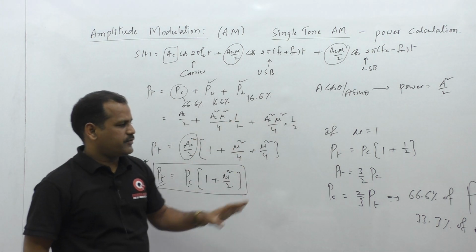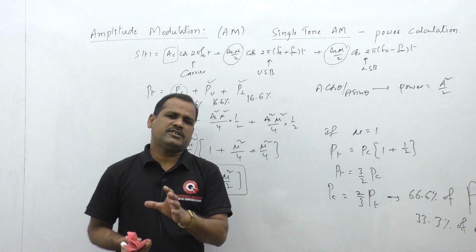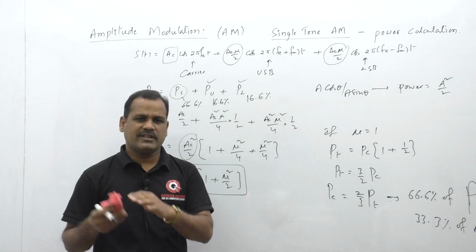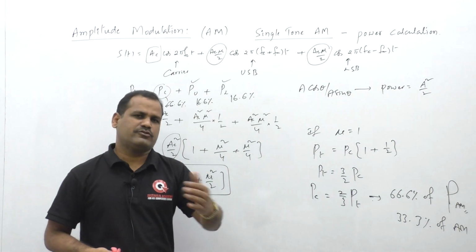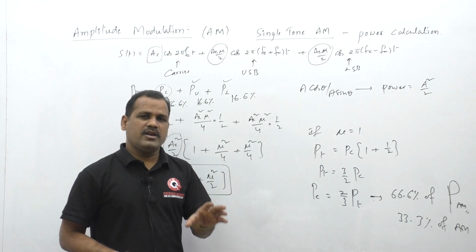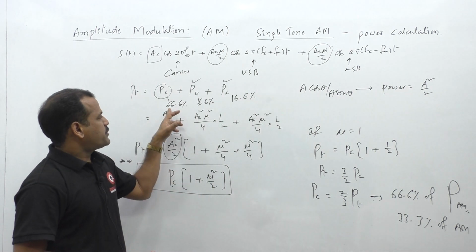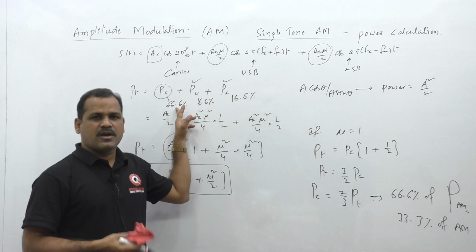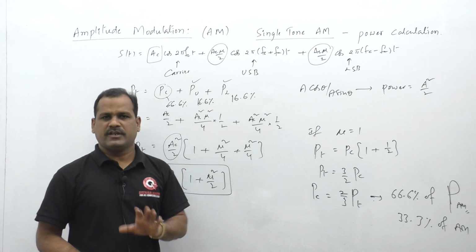What we can observe with this analysis is that generally we want to transmit information with the help of a message signal. For that purpose we are using a carrier to modulate that signal for so and so benefits. Because of modulating that message signal, we are spending 66.6% extra power for that carrier signal, even though the carrier does not contain any information here.